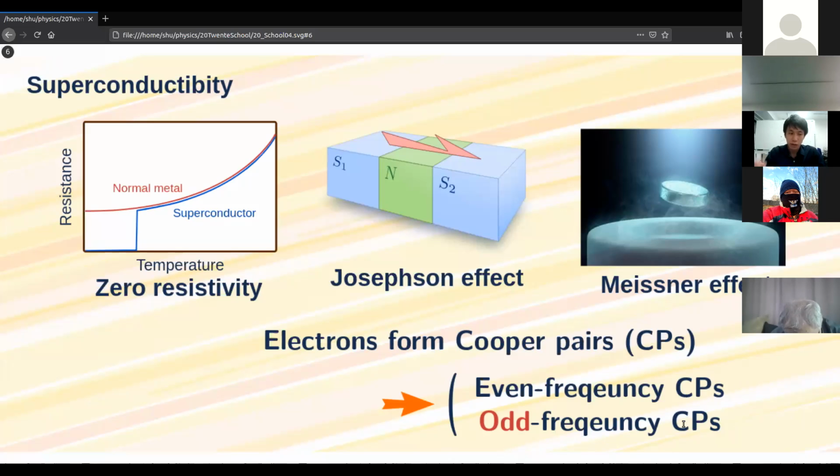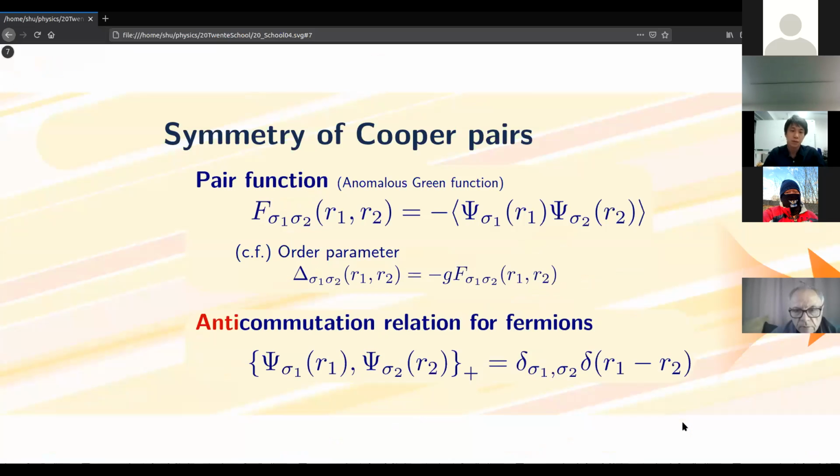To define the odd frequency pairs, I have to show several formulas. Theoretically, the existence of the Cooper pair can be written in this pair function, which is basically an anomalous Green's function. The pair function is defined by the product of 2 annihilation electron operators.